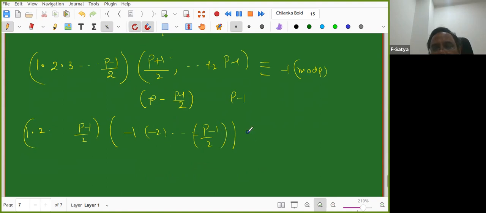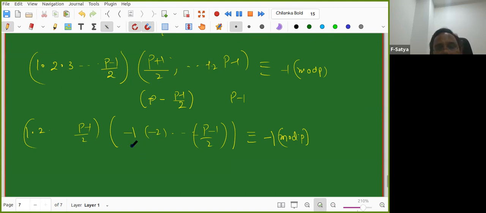Gaurav, the even odd business will work. p is of the form 4k plus 1, so (p minus 1) by 2 is even.